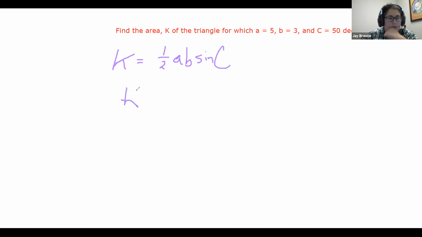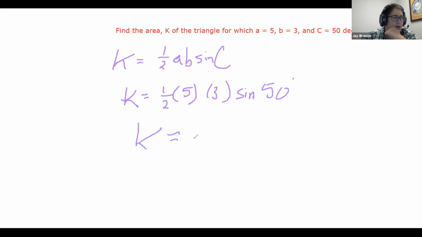And then we'll just plug them in. So 1/2 times 5 times 3 sine of 50 degrees. So K ends up being approximately 5.7 units squared, or square units, however you want to say it.